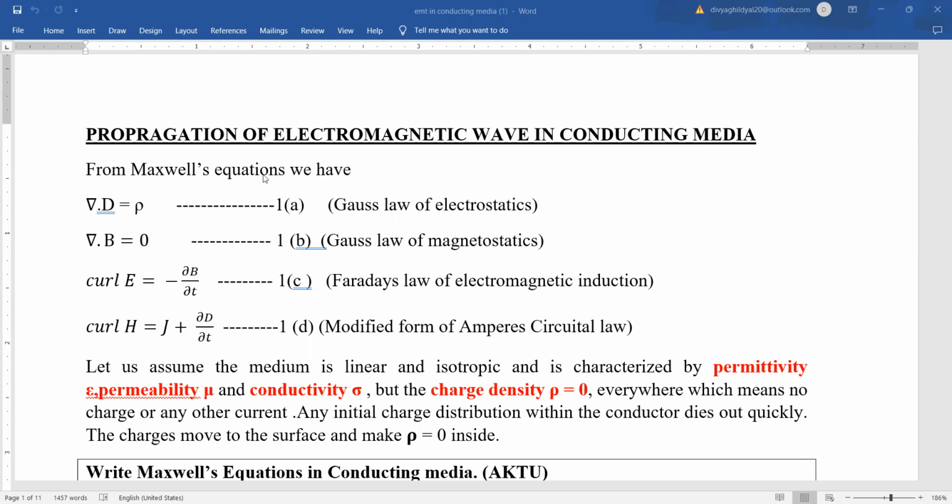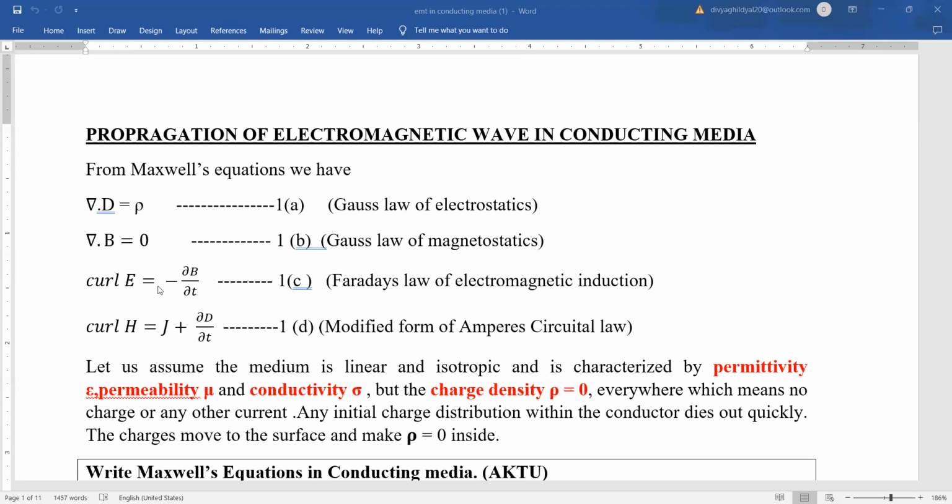Here we have our famous Maxwell's equations: del dot D, where D is displacement, is equal to rho, where rho is charge density, also known as Gauss law of electrostatics. The second equation, del dot B equal to 0, is known as Gauss law of magnetostatics.